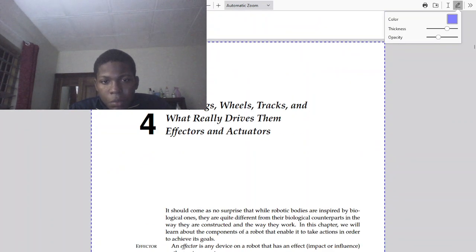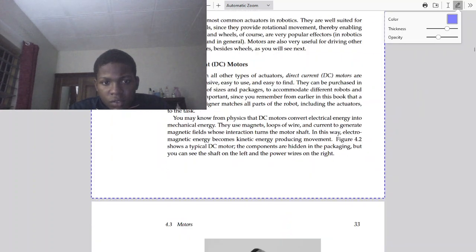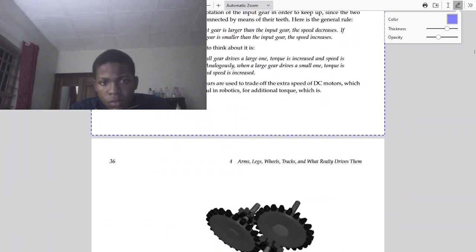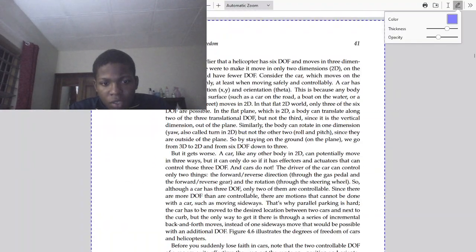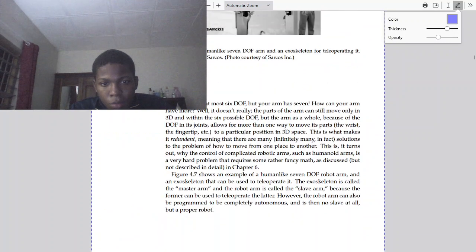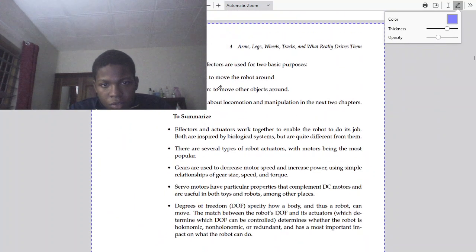Oh, there's also the workbook. Chapter 4. What's in chapter 4 actually? It's a pretty big chapter. Alright. Locomotion, manipulation. Look at the robot.